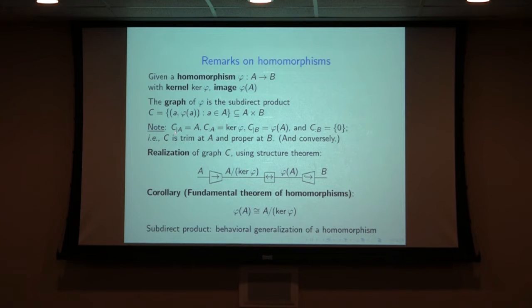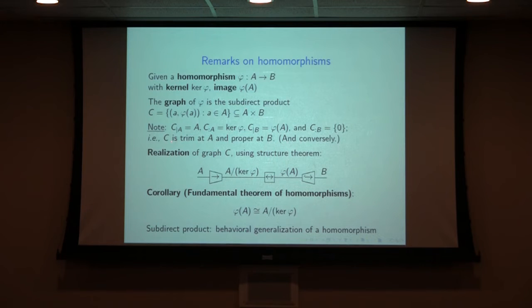In a homomorphism, we always require that the projection of C on A be A. In other words, that we can map from any element of A. And we also require that the cross-section of C onto B is 0. In other words, if I put in 0 into the homomorphism, I've got to get 0 out. So those two are constrained, and this cross-section is the kernel, and this projection is the image of the homomorphism.